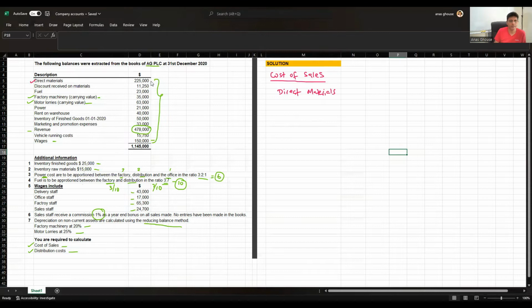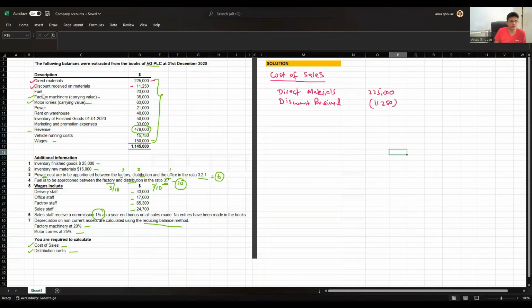How much? 225,000. So we can take 225,000. Then discount received on materials. Discount received is an income, so 11,250 should be deducted from the total cost of sales.